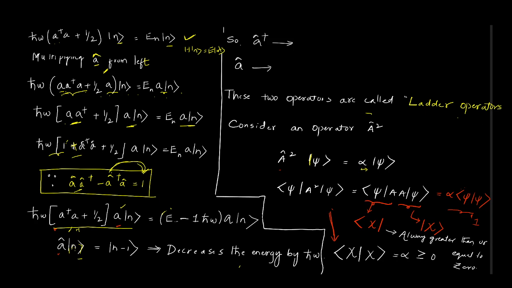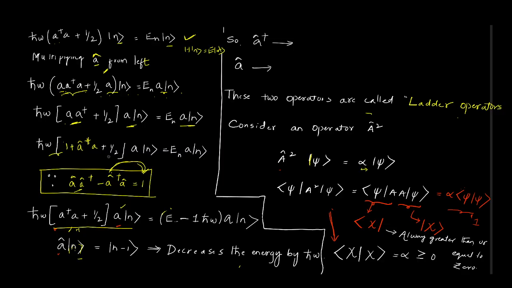So this is what we have written here, and this can be written as 1 plus A†a plus half.